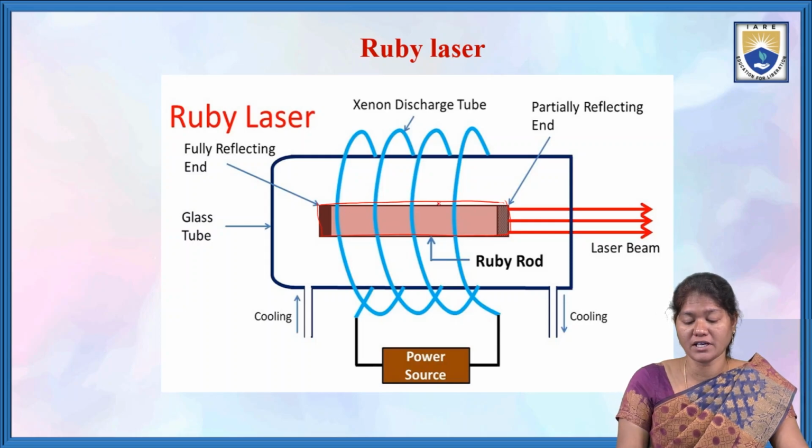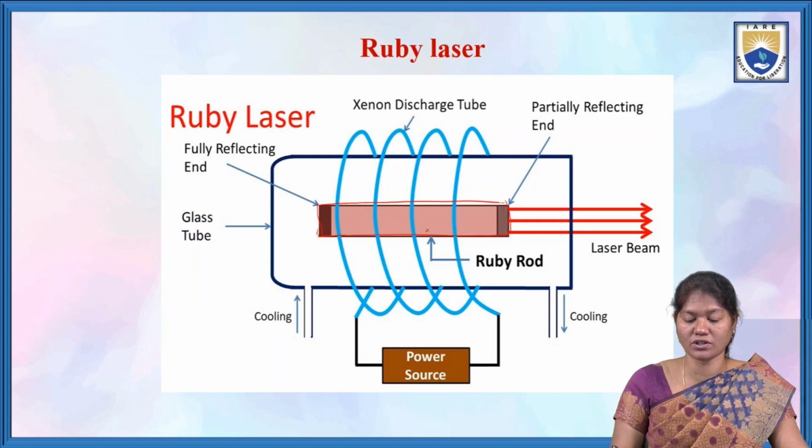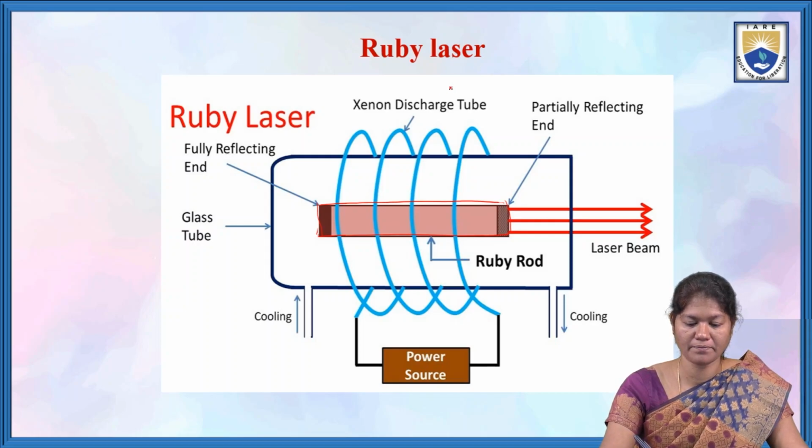The Ruby crystal rod is placed along the xenon discharge tube or else the krypton flash lamp tube.